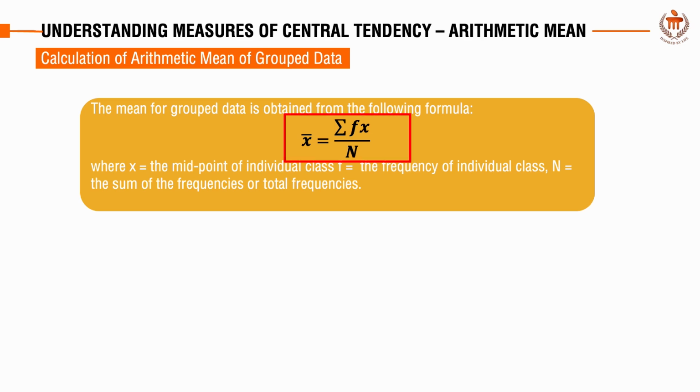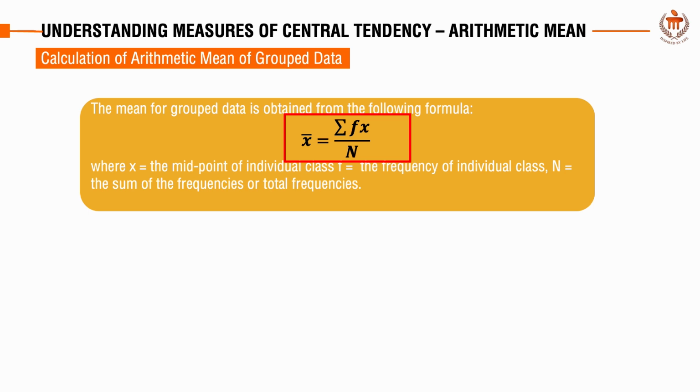Now, when I want to calculate the arithmetic mean for grouped data, the formula is summation of fx by n. What is x? X is the midpoint of the individual class. In the case of class intervals and frequencies, we get class intervals with a lower limit and an upper limit. For that, you have to find the class mark. The class mark, or midpoint, is nothing but the arithmetic mean of the lower limit and upper limit.